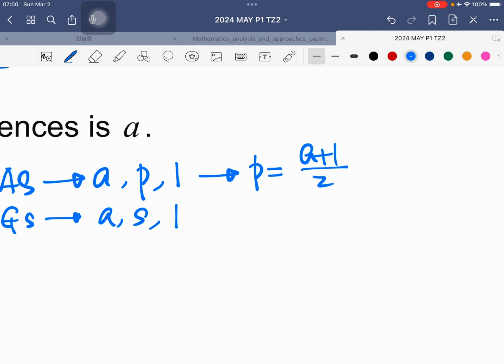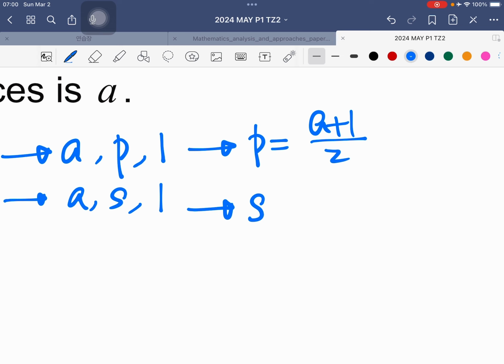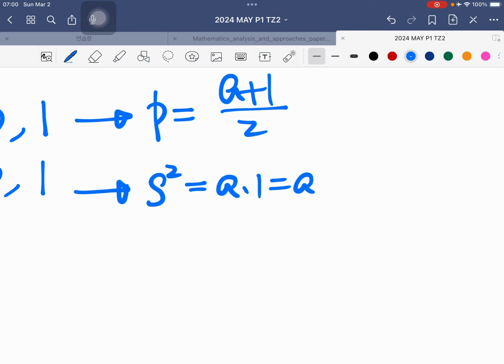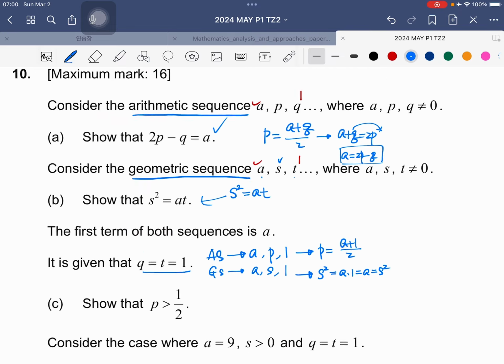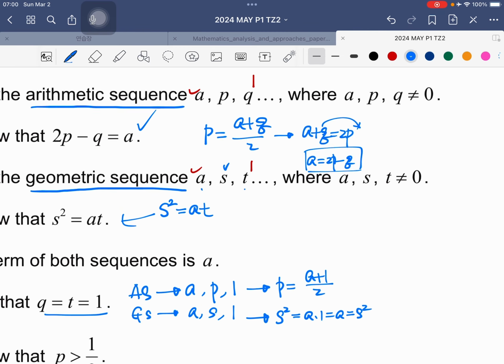Then the geometric mean principle should apply, so S squared must be A times 1, which is A. See, A equals S squared. S is not 0.